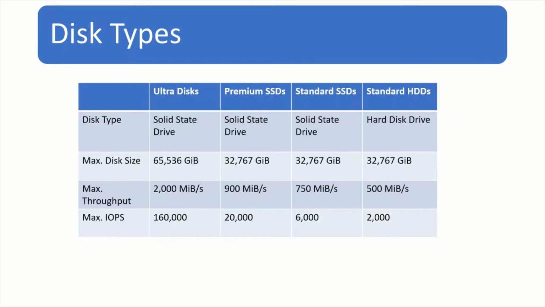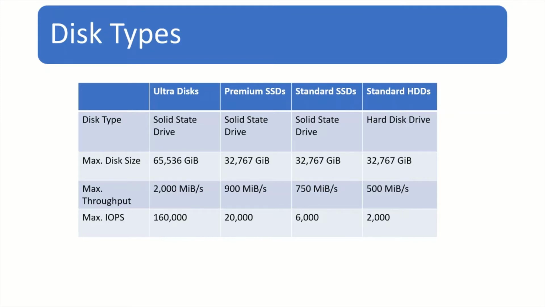The second option we have for creating and attaching managed disks for an Azure VM is premium solid state drives. In the backend, Azure is using solid state drives for delivering high performance and low latency for VMs. Unlike traditional hard disk drives, these drives are more reliable because they don't have moving parts. The next in line is standard solid state drive.